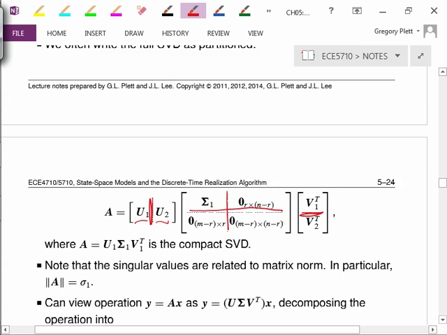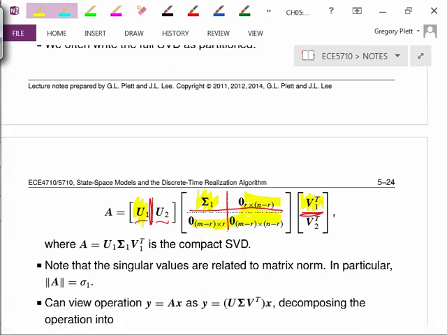Then the compact SVD is that and that and that, and everything else in here is 0, and everything else in here is chosen to be random, but random such that it still meets the orthonormal properties of U and V.